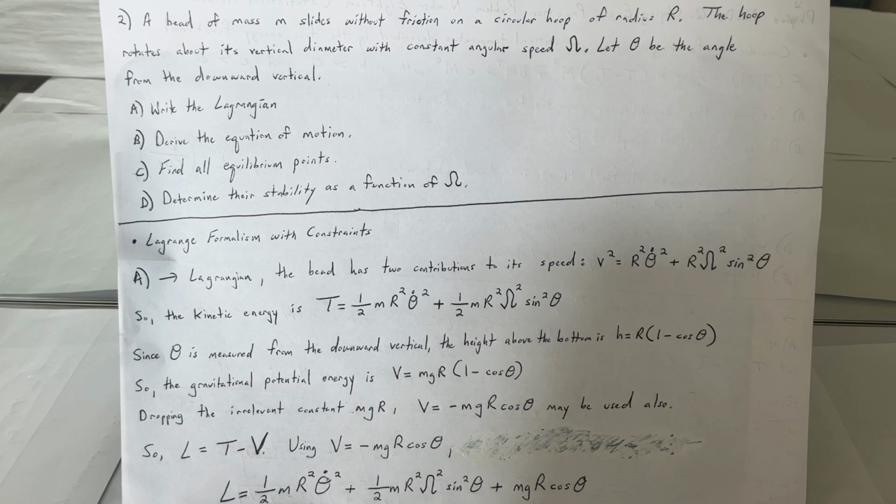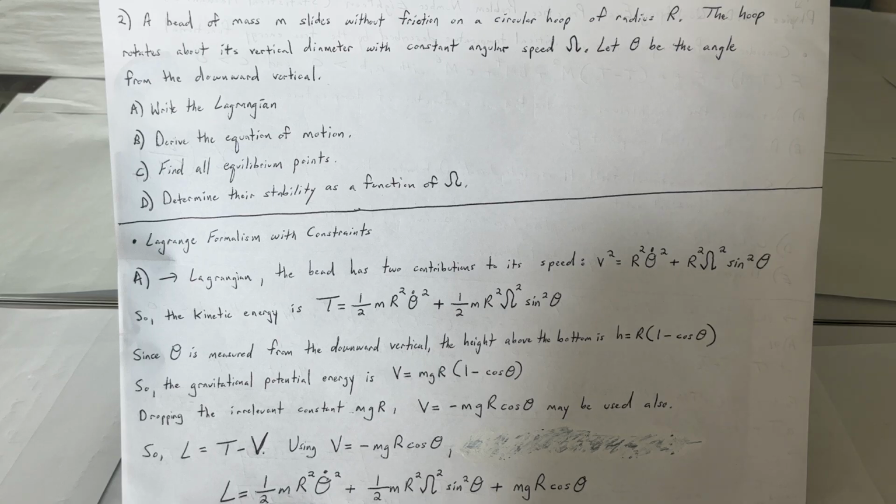And since theta is measured from the downward vertical, the height above the bottom is h equals r times the quantity 1 minus cosine theta. So the gravitational potential energy is V equals mgr times the quantity 1 minus cosine theta. Dropping the irrelevant constant mgr, V equals negative mgr cosine theta may be used also.